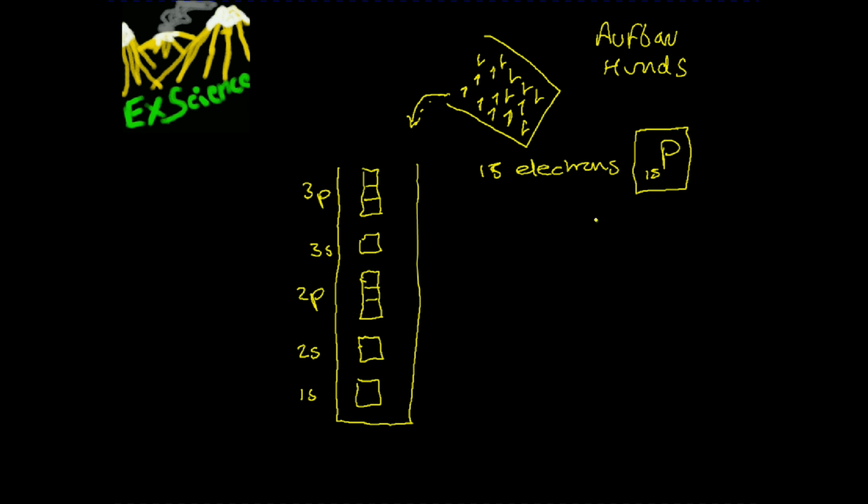The Aufbau principle: at the bottom of the cup, these are lower energy and these are higher energy. So let's just say energy, low and high.